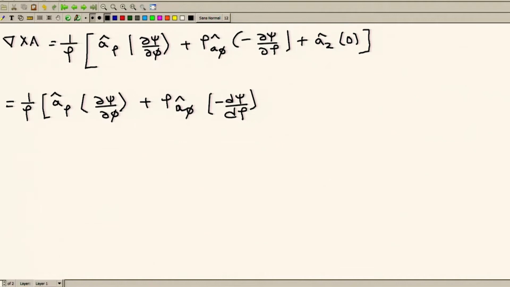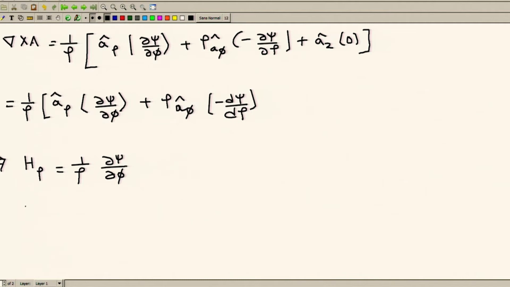Since H is curl of A, now we can write the fields as, therefore, H rho will be 1 upon rho del psi del phi.